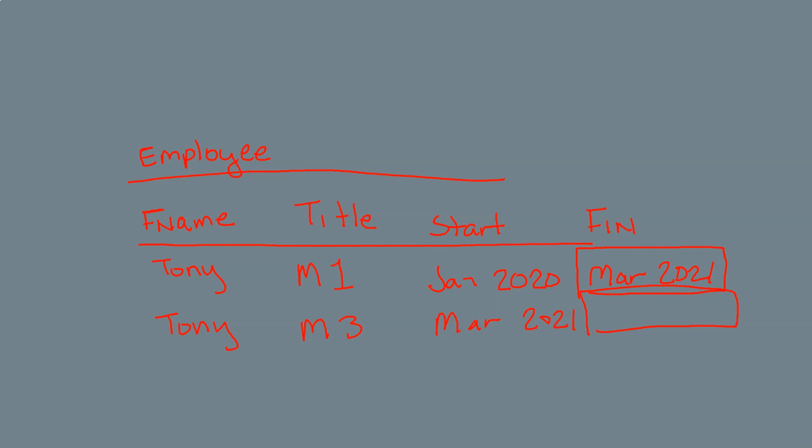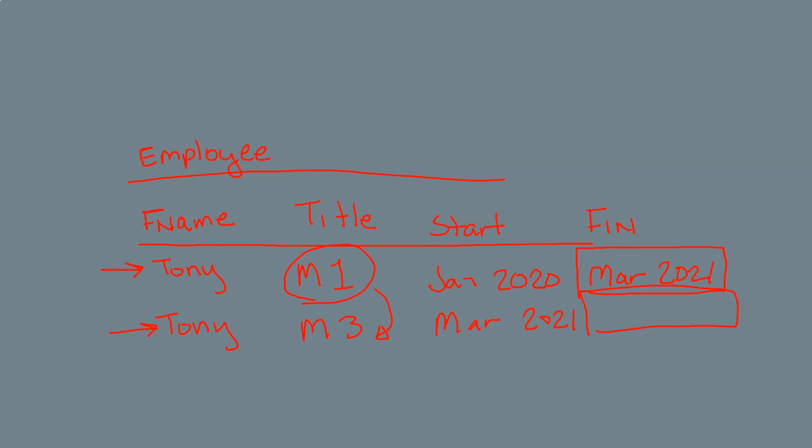And what this allows us to do, right, we updated this old record and created a new record regarding Tony. Right? So what this does is it tracks the change of when the title went from manager 1 to manager 3.